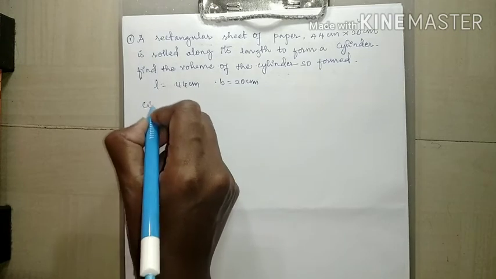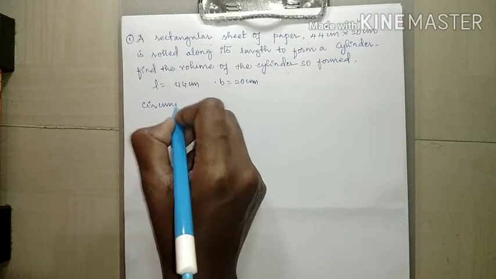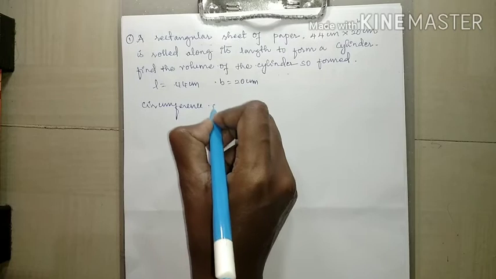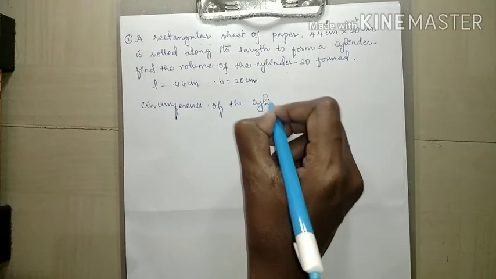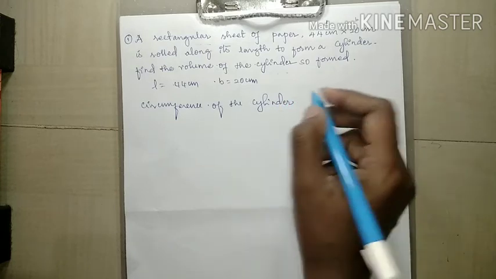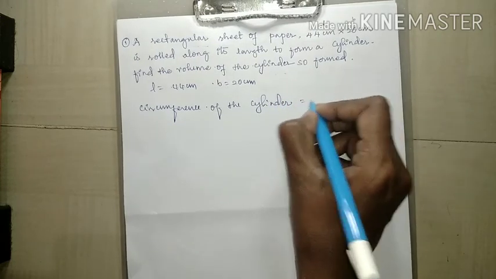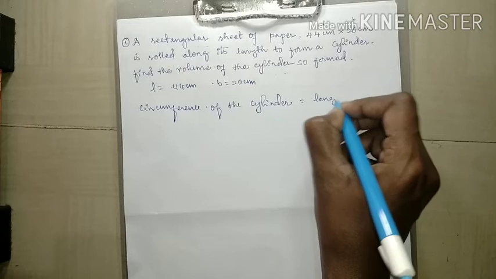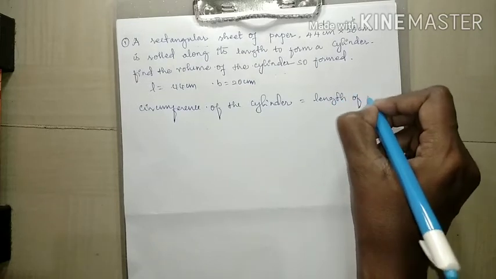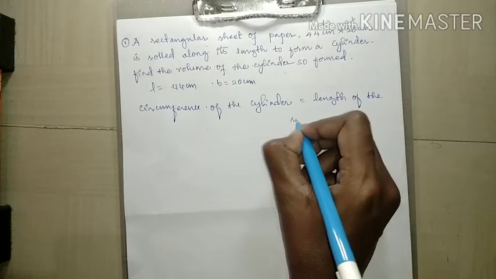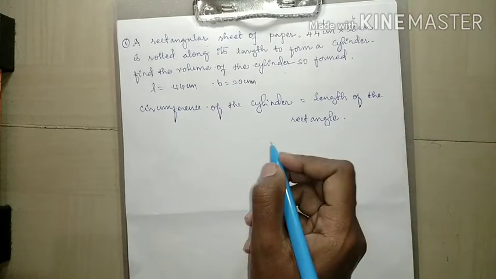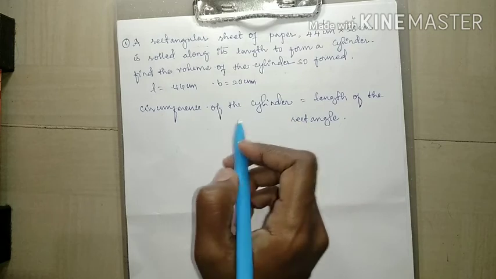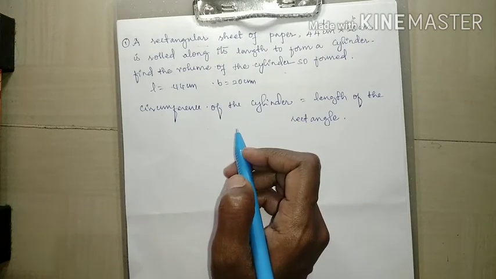So the circumference of the cylinder is the length of the rectangle. The length part I folded, so that becomes the circumference of the cylinder.